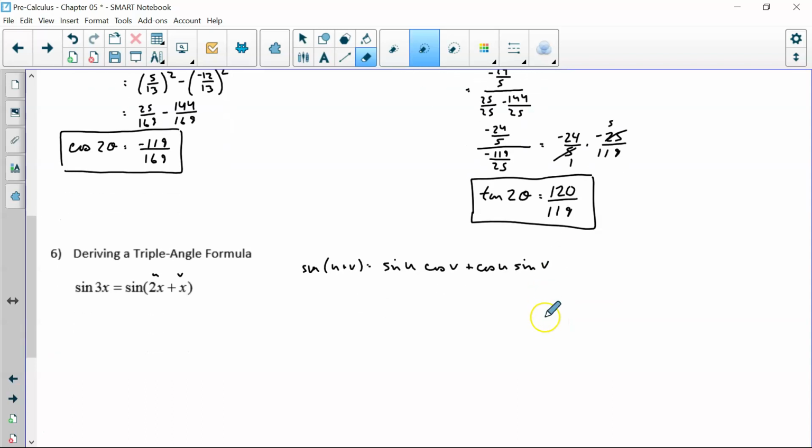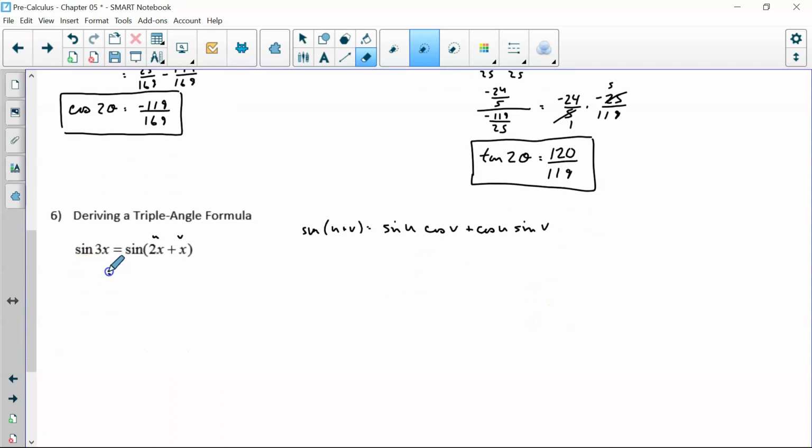So we're going to use that. So we have here the sine of u, which is 2x, cosine of v, which is x, plus the cosine of 2x times the sine of x.